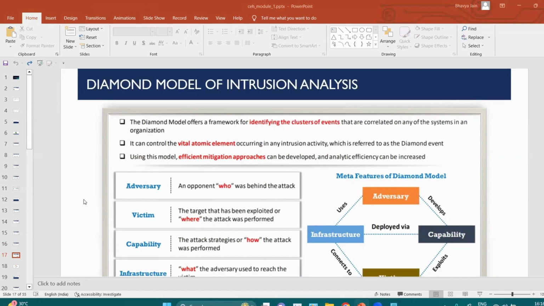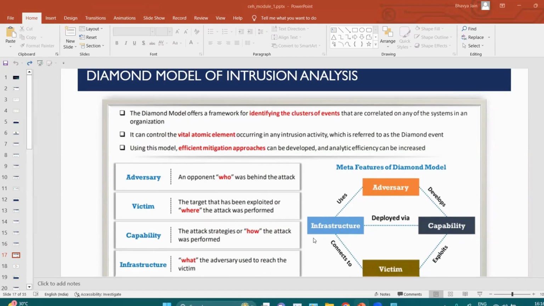There's always a chance of compromising any system. Any attacker can compromise a system. Okay, so what can we do after the compromise? Like what can we do after any incident or any attack? That is what this model is saying. We have to investigate first. Okay, so how can we investigate?